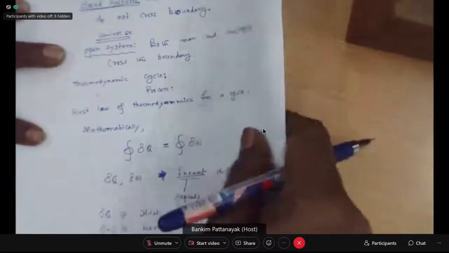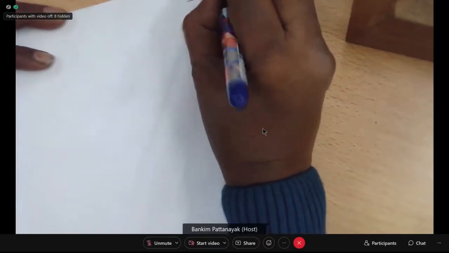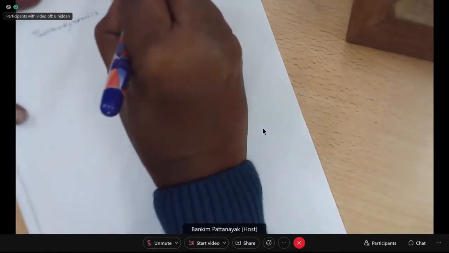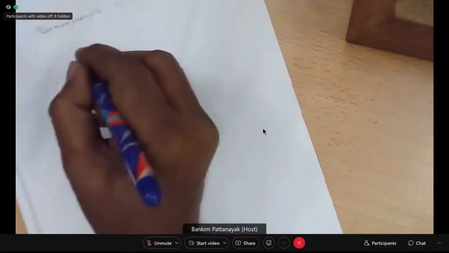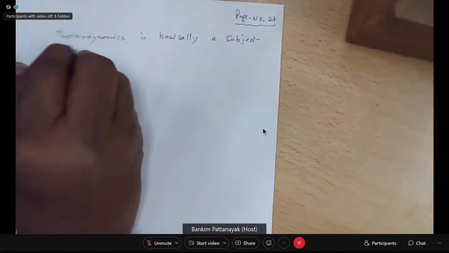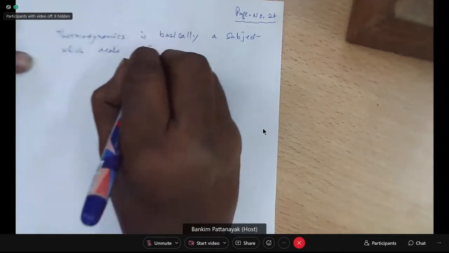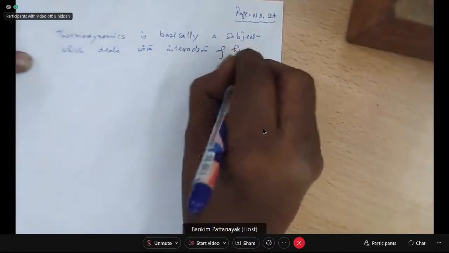Del Q is the heat interaction, and thermodynamics is basically the subject which deals with interaction of heat and work.